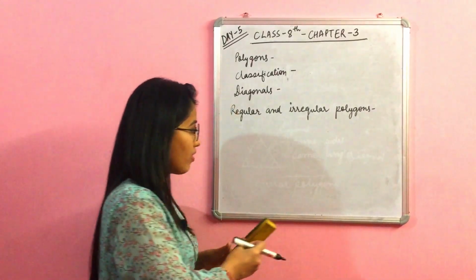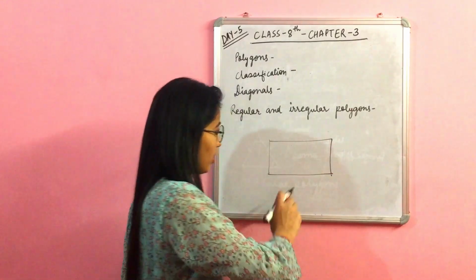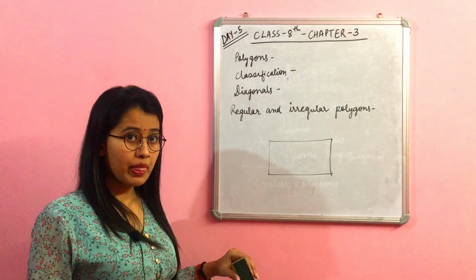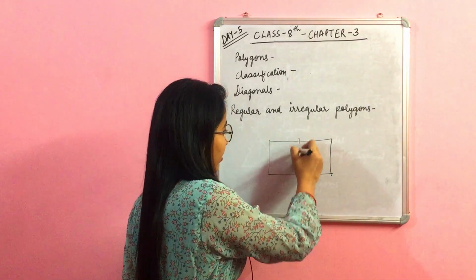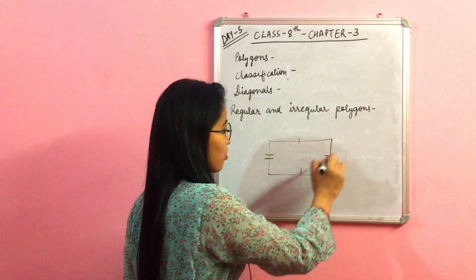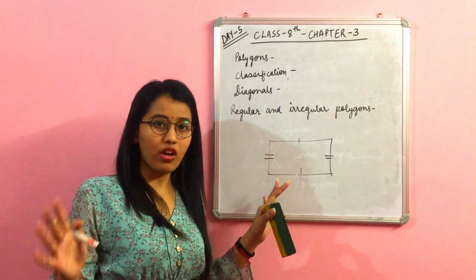Similarly, let us say I am having a rectangle. Is it a regular polygon? See, these two sides are equal, but these two sides are not equal to these two sides. Opposite sides are equal, but all four sides are not equal.